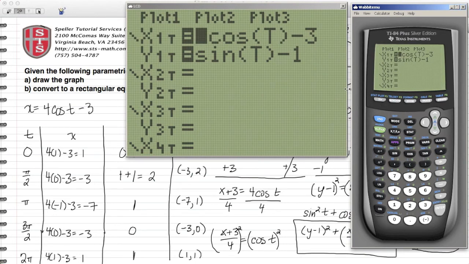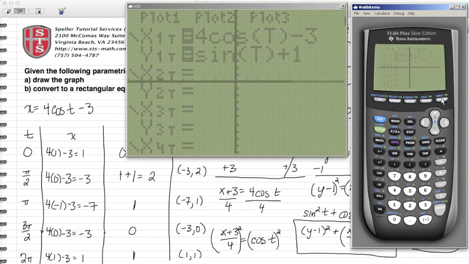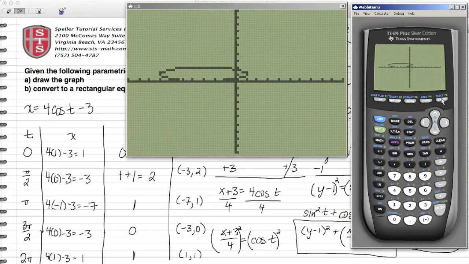And here we see that I put these in, but I made a mistake on the second parametric equation. That should actually be a +1. So we put in 4 cosine t minus 3 for x, and then for y we put in sine t plus 1, and then we click on our graph button to graph that.